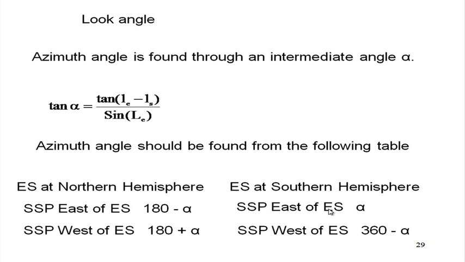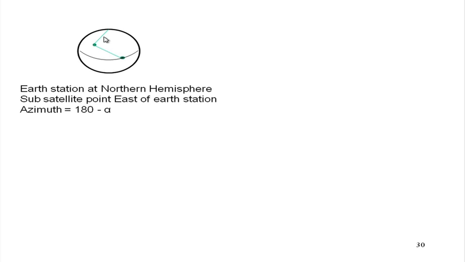I will try to do it briefly. Let us say this side is north and this is the equator, this is the northern hemisphere, and your subsatellite point is here, the station is here. The azimuth will be measured from north to this angle, which is 180 minus alpha, where alpha is the angle on this side, which I have not drawn here.